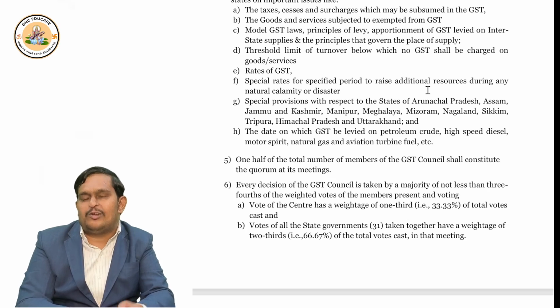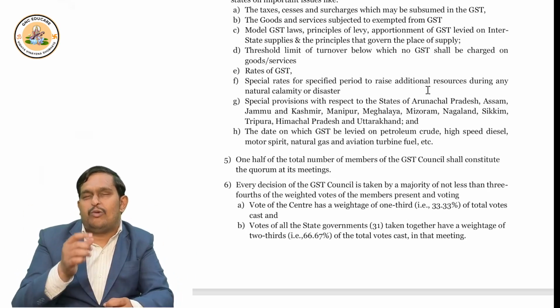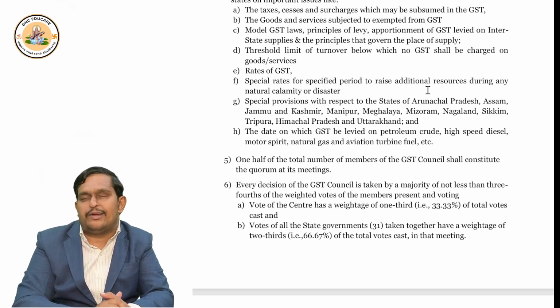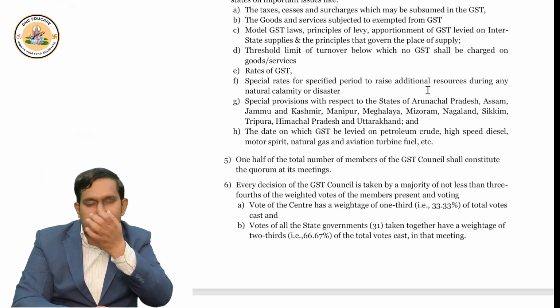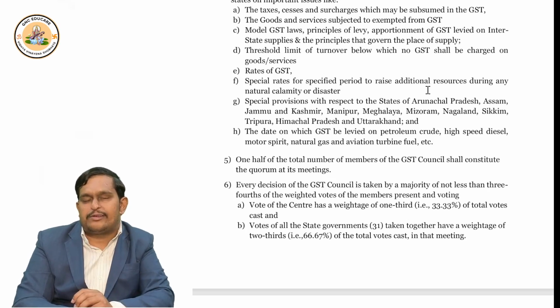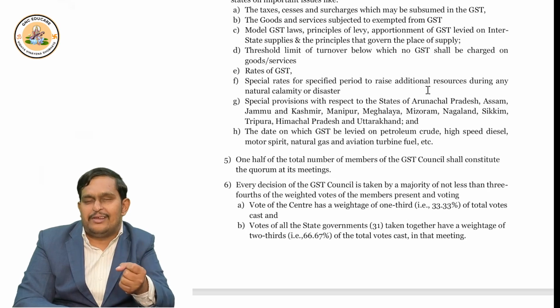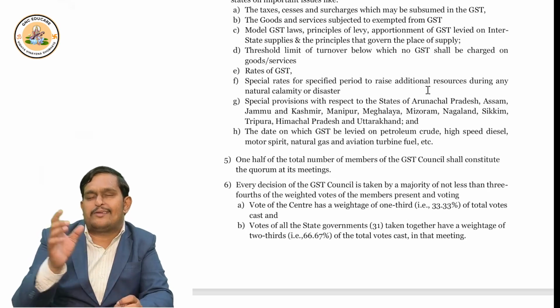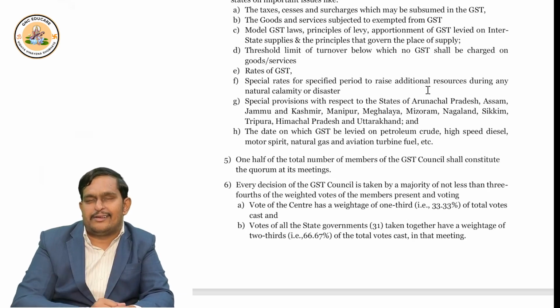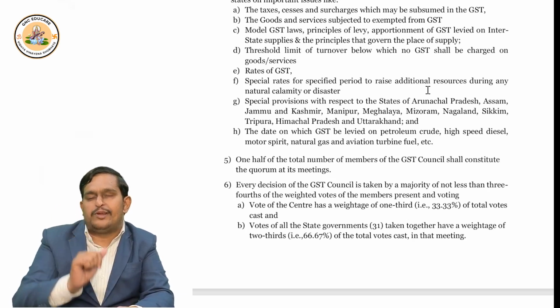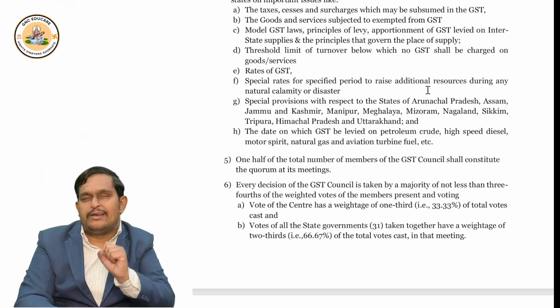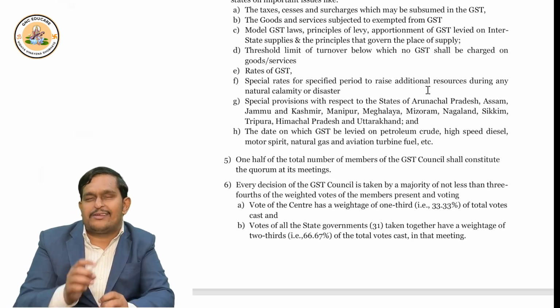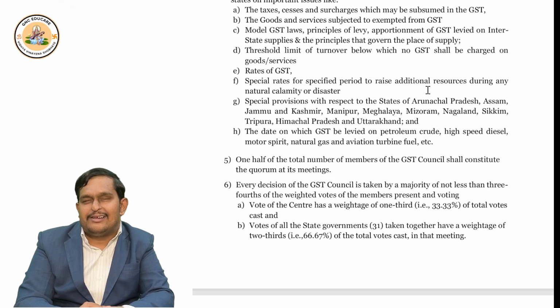What I said, what are the taxes that should be subsumed, what are the goods for which exemption should be given, what should be the model GST law, how to apportion GST, that is IGST, from center to state when only center collects it, what should be the principles of levy, what should be the principles for place of supply of goods or services, right? What should be the limit up to which no GST, that is the threshold limit, what are the rates of tax, what should be the special rates of tax in case of earthquakes, natural calamities, correct?